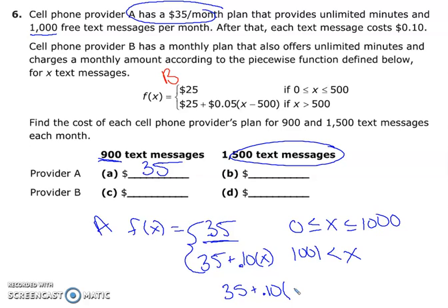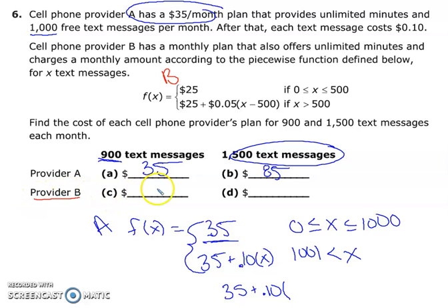So how many text messages am I actually paying for? 500. Yes? No? Do we agree? Disagree? Okay. So that makes this $85, right? I paid $50 for text messaging and $35 for having the phone.